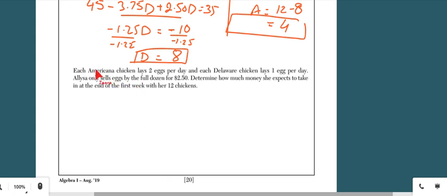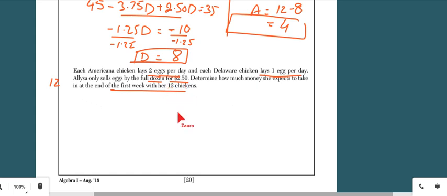It is very interesting. Each Americana chicken lays 2 eggs per day, and each Delaware chicken lays 1 egg per day. She only sells eggs by the dozen at 2.50. Okay, in a dozen there are 12, right? Determine how much money she can earn at the end of the first week with her 12 chickens.